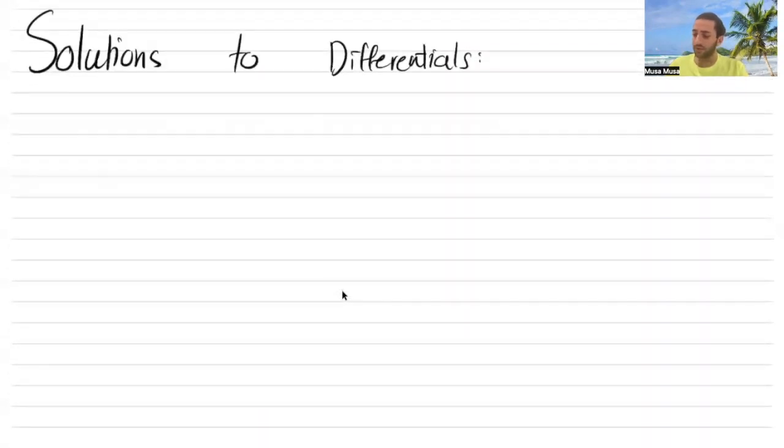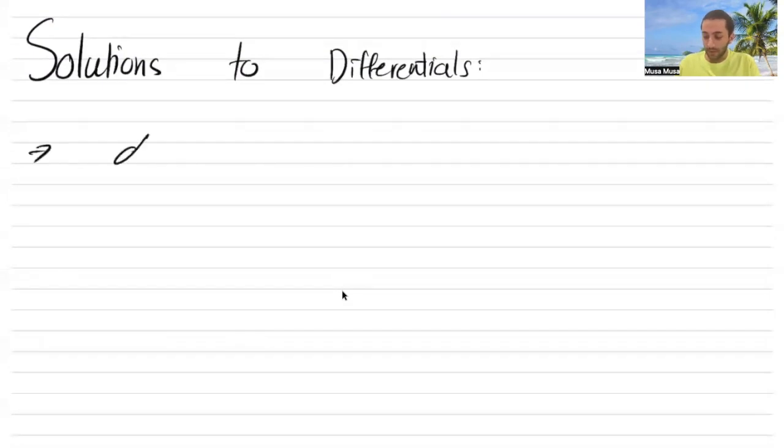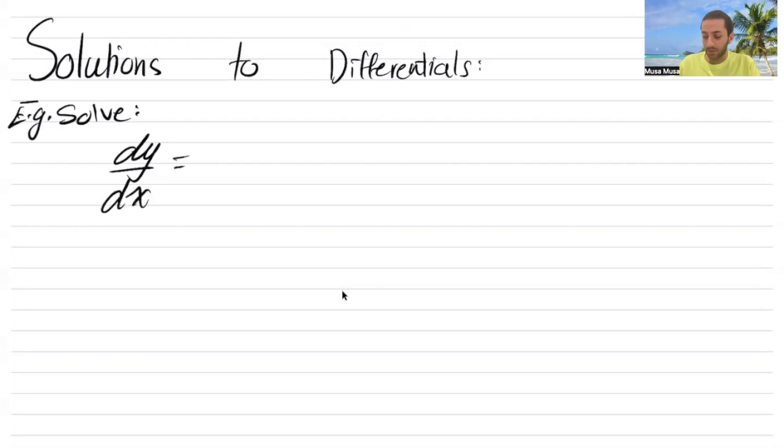the solutions to differentials. Without even realizing, you've been doing this. Whenever you do integration, you're solving for the solutions to a differential, right? Like if I say solve dy/dx equals 2x, what you're going to say is, well, when I differentiate y, I get 2x.